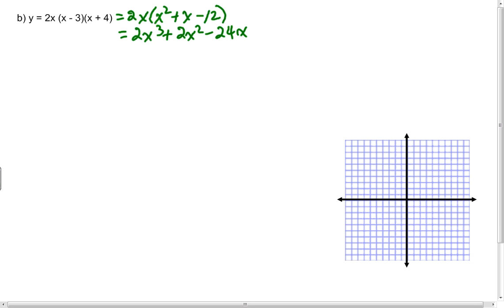If you were to expand that, you would see immediately that that is a cubic. That means an odd degree function. So my brain immediately goes to the line, because that will show me quickly what my end behavior is. This cubic has a positive leading coefficient.